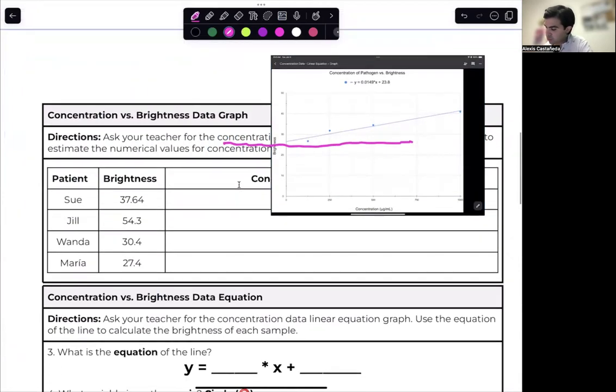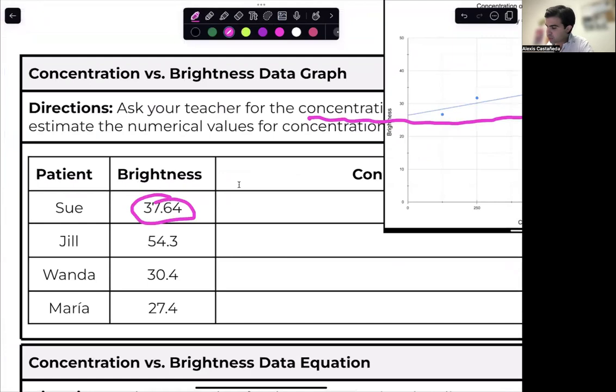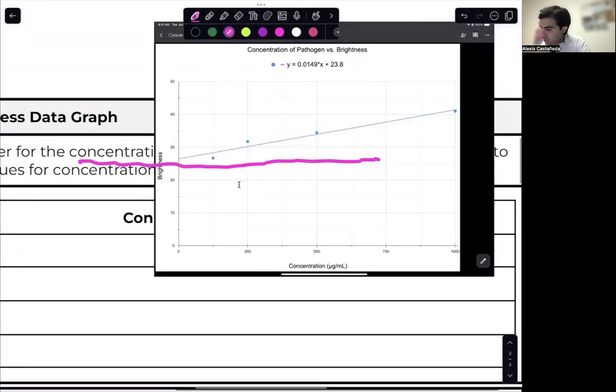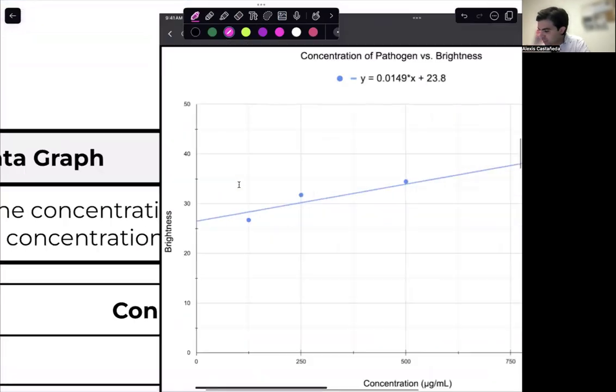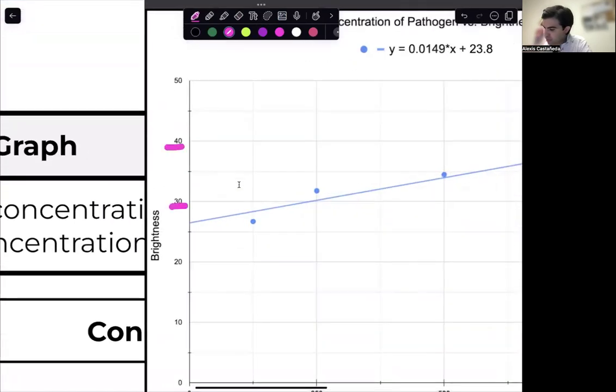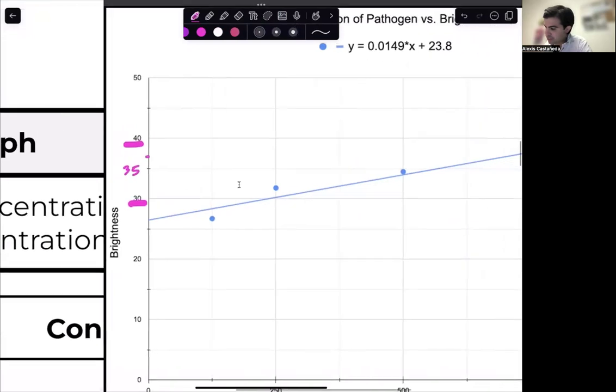It says here that Sue has a brightness of 37.64. So I'm going to go to my graph and find approximately where 37.64 is. Well, it's kind of hard to tell, but this is 30 and this is 40. So this here would be 35. So 35 is around here, and 37 is something like right there.